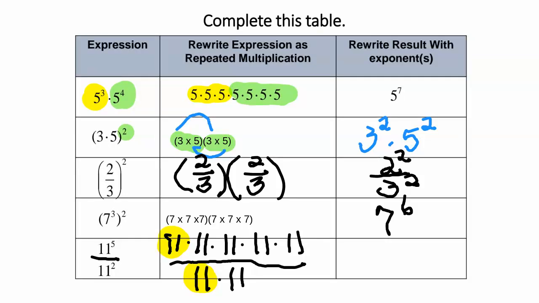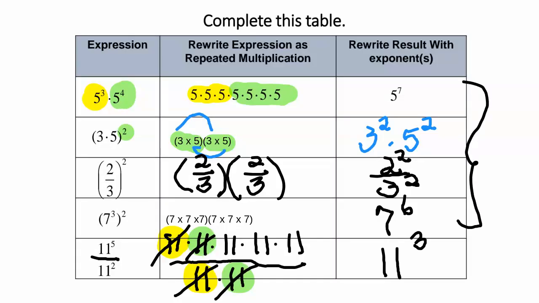A second 11 is going to cancel out with another one, leaving the numerator. Notice I've gotten rid of the denominator 11s. So my final answer is going to be 11 cubed, because these 11s cancel out, unlike the ones up above, because we're looking for the result. The result comes after I reduce the fraction.